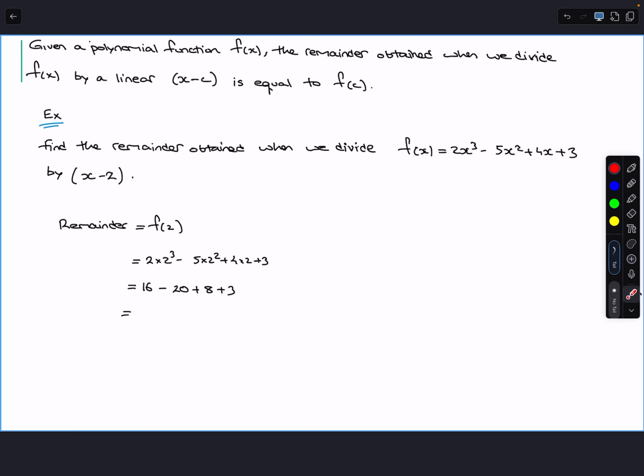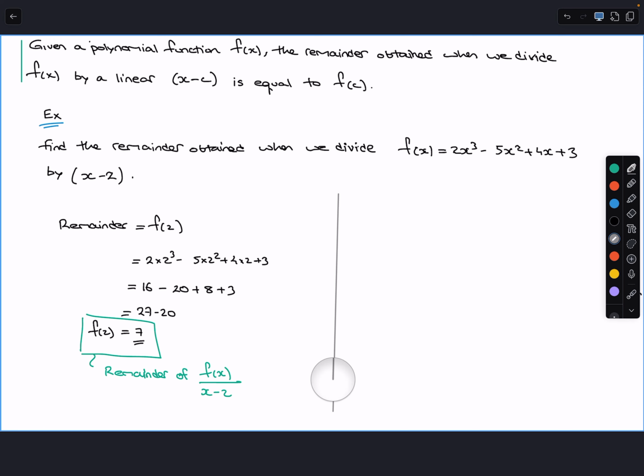If I add all the positives together first, 16 plus 8 is 24, plus 3 is 27. Take away 20, the remainder we get is 7. So f of 2 equals 7, and hopefully the theorem is understood. That tells us that's the remainder of f of x divided by x minus 2.